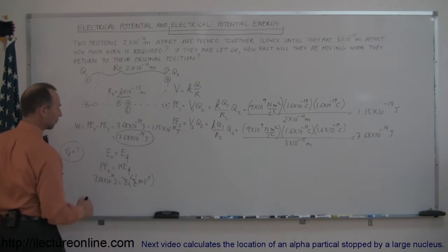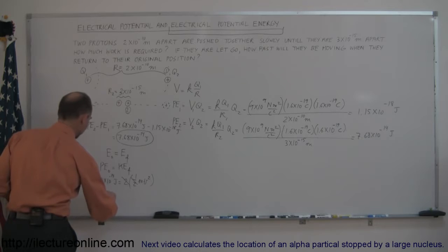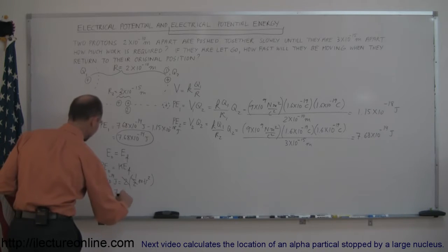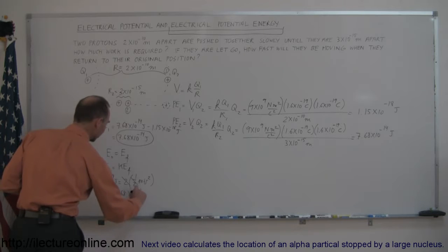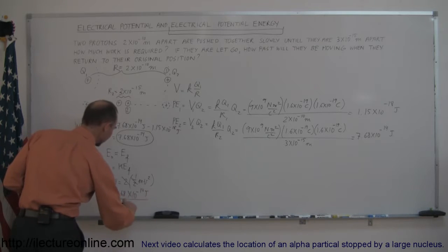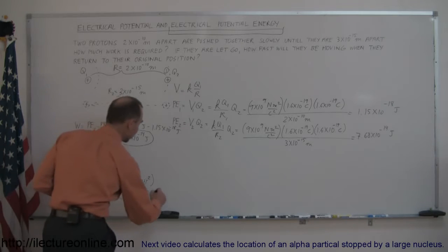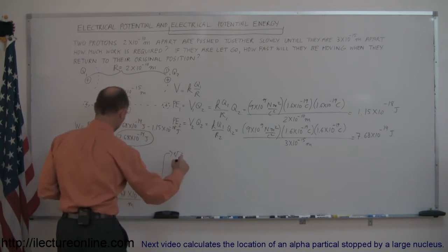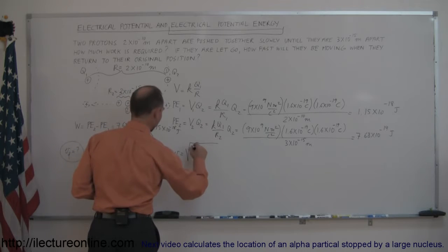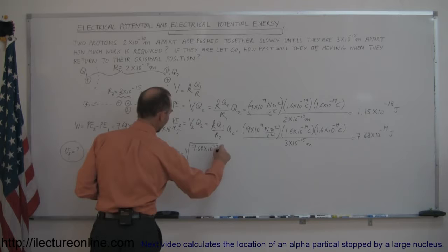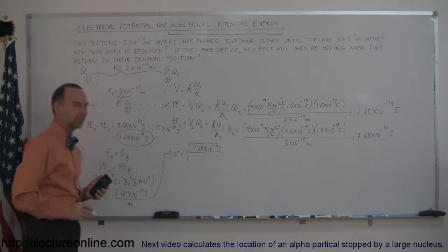If we solve this equation for V squared, we have V squared is equal to the original potential energy of 7.68 times 10 to the minus 14 joules, divided by the mass. Then of course to find the velocity we have to take the square root of that. So the velocity will be equal to the square root of 7.68 times 10 to the minus 14 joules divided by the mass of these protons.